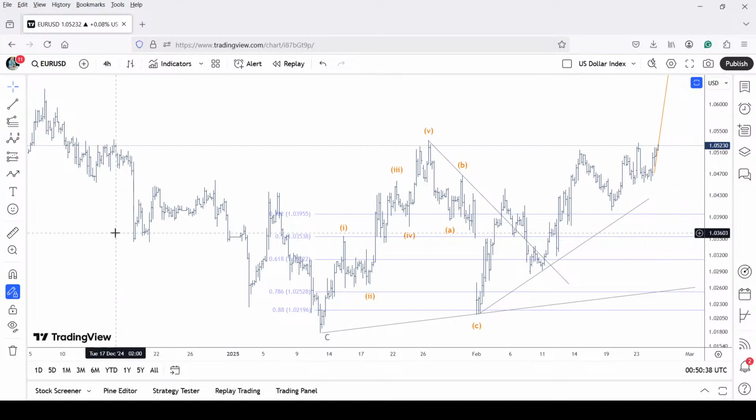Excuse me for a slight delay, and let's get started straight away with the Euro USD hourly chart.